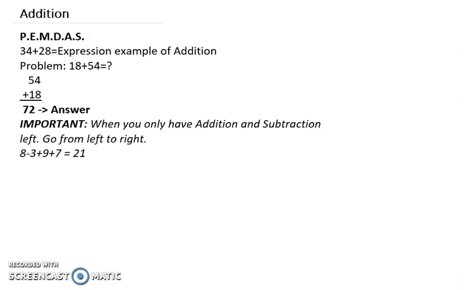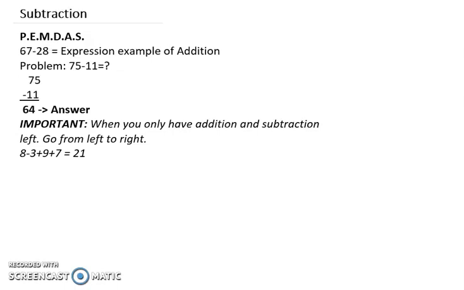Like I said earlier when we did PEMDAS the first time, when you see only addition and subtraction, you have to go from left to right. You better remember. Same thing, subtraction you should have learned in 2nd and 3rd grade.